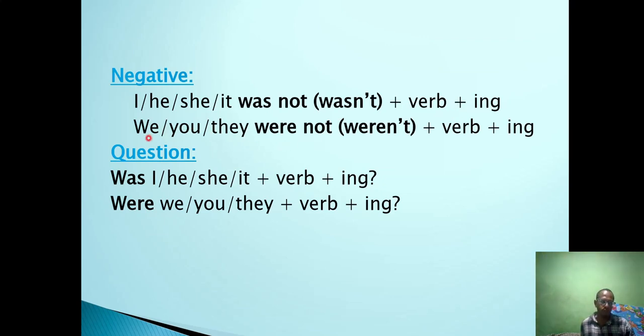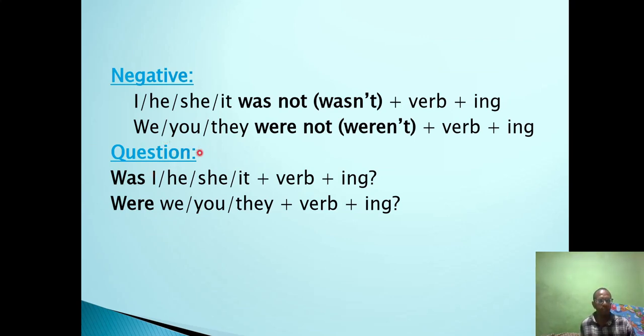On the other hand, if we have plural subjects like we, you, they, we use were not, or in brackets weren't, plus verb with ing. This is the structure we use to form negative sentences in past continuous tense.